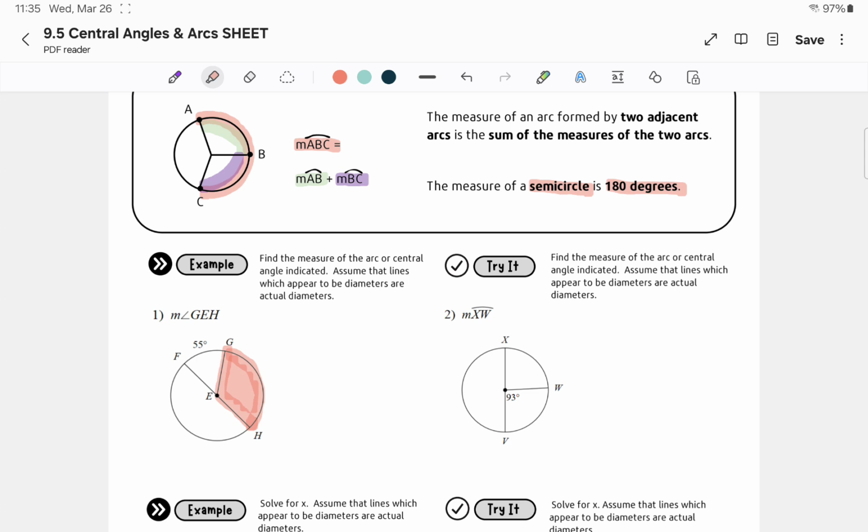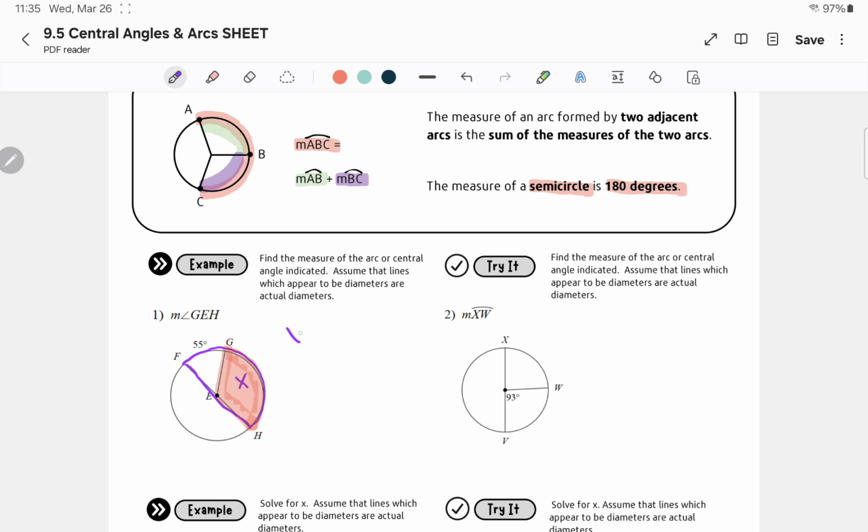And now to know what that is, right? If we have this pie piece plus this 55, and we know this entire thing that I'll just kind of outline with my pen is a semicircle, right? So that means we don't know what this is.